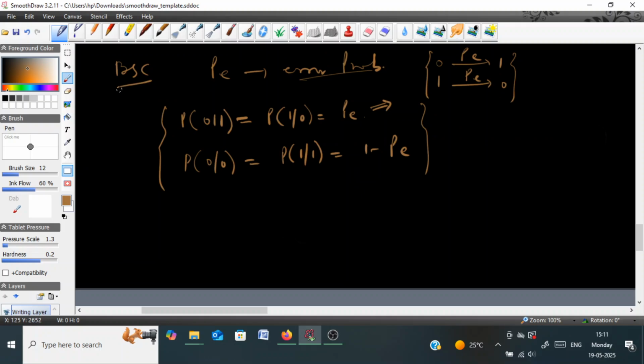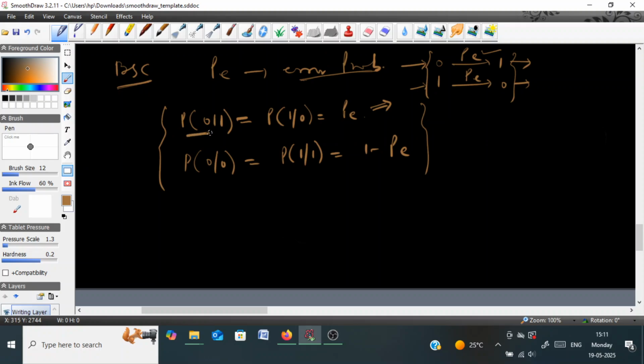Okay, so you have a binary symmetric channel in which the error probability is P. That means if you transmit 0, you receive 1 with the probability of P, or if you transmit 1, you receive 0 with the probability of P. This channel is symmetric with respect to 0 and 1.